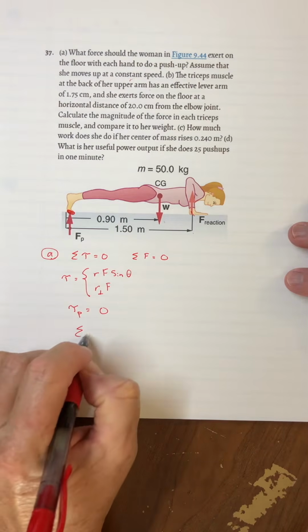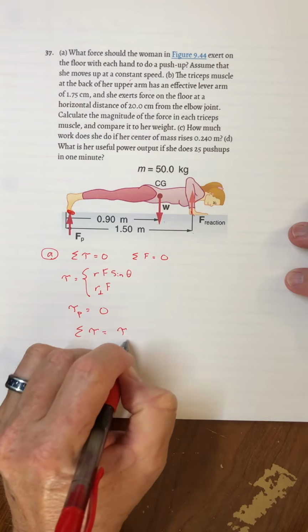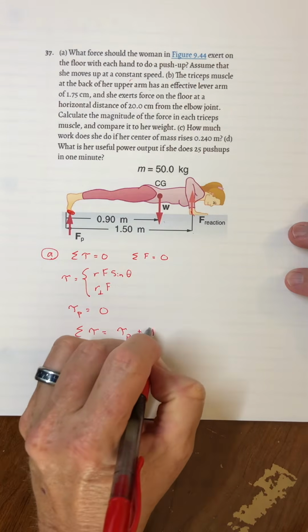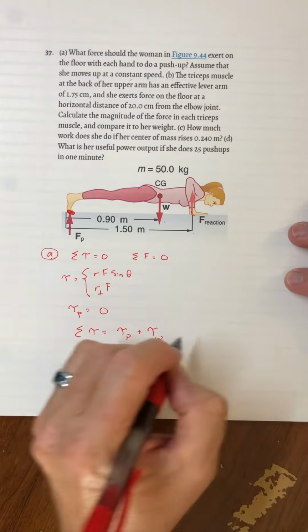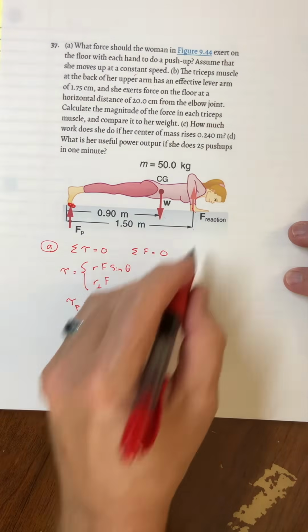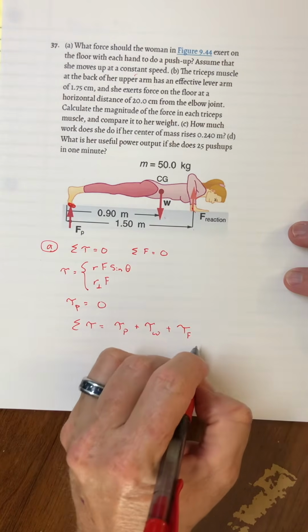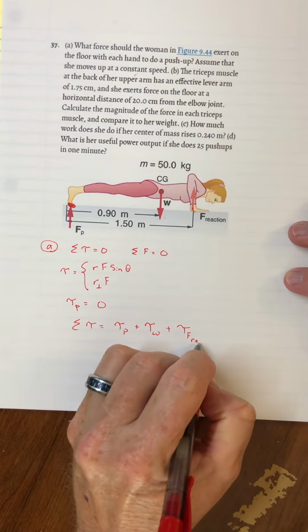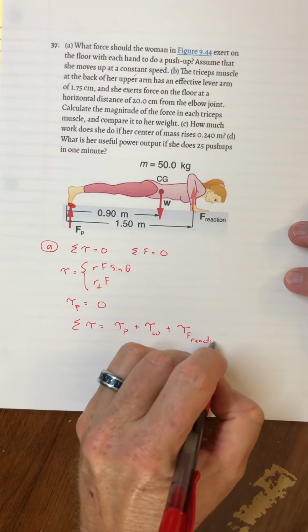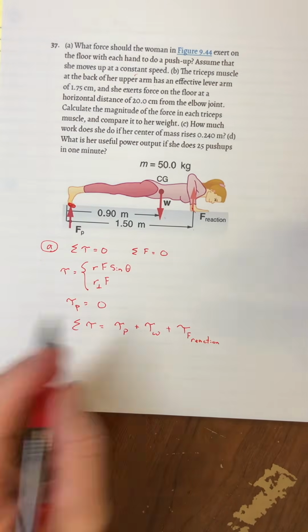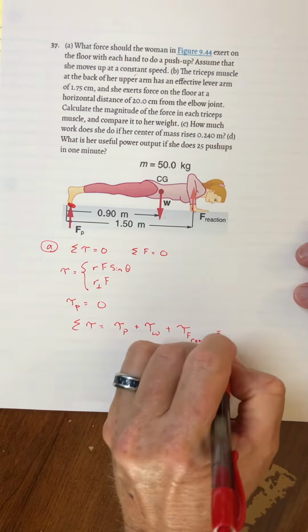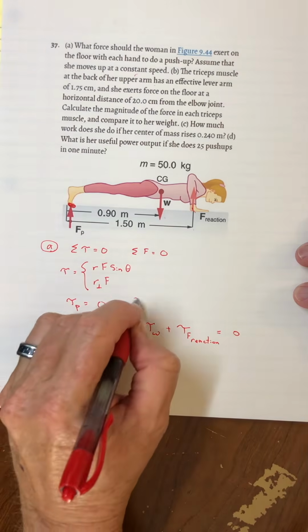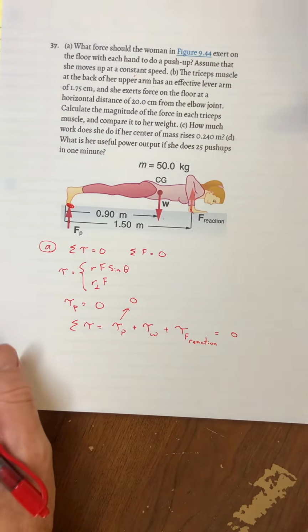When I add up all the torques, it would be the torque from the pivot point, the torque due to her weight, and the torque due to her force. Your author here calls it the reaction force. But as I said, all of these have to add to 0, and this first one is already 0.